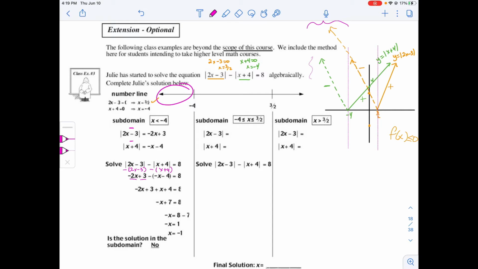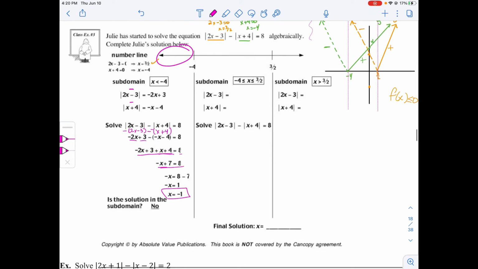Oh, sorry, it's minus the negative of x plus 4. I mean, really, we could put those like that. We could put minus the negative x plus 4, which is going to be a plus x plus 4, which we end up getting down below here. So we've got negative 2x plus 3 equals 8, negative x is 7, x is negative 1.